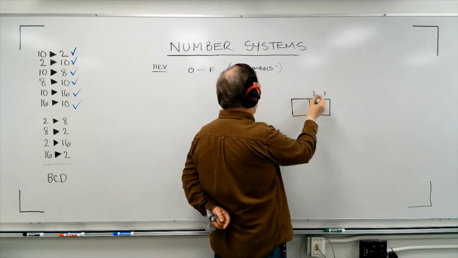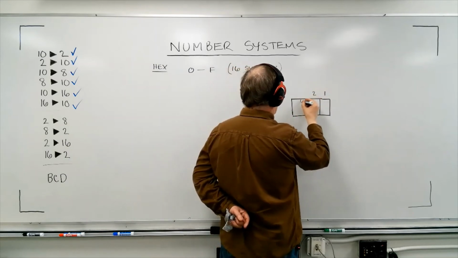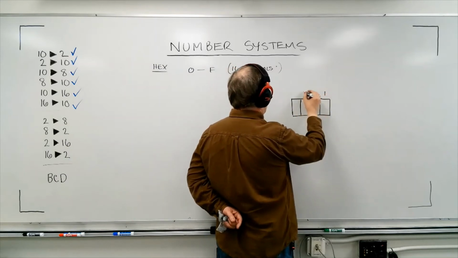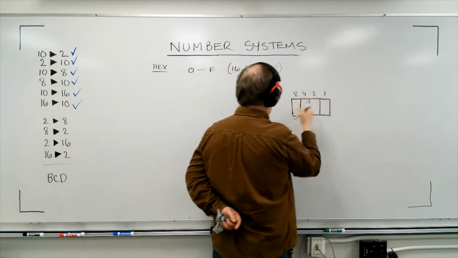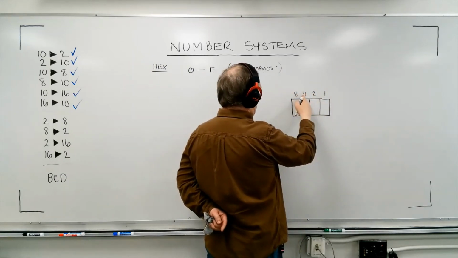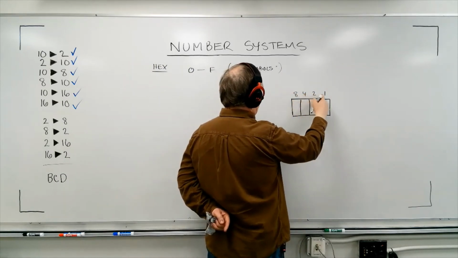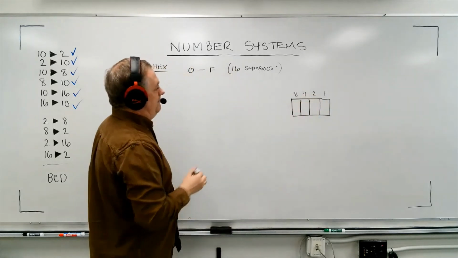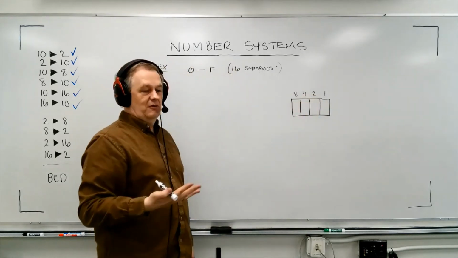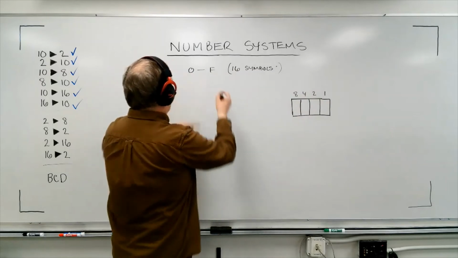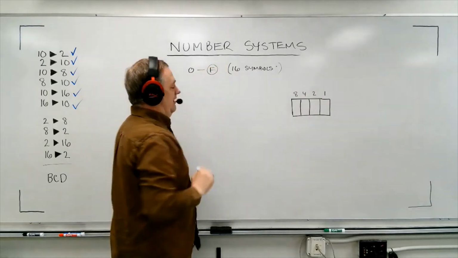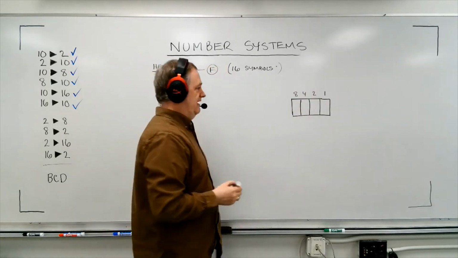So I go 4, 5, 6, 7. That's not enough. So then I have to go 1, 2, 4, and 8. And I go, well, is that enough? 8, 12, 14, 15. So look at that. 4 spaces of binary information is enough to represent F. And that's the largest character I have in hex.